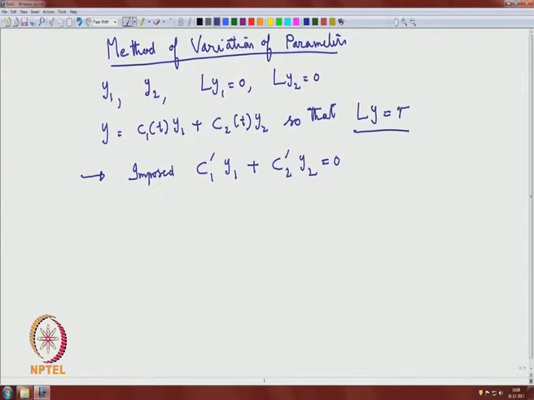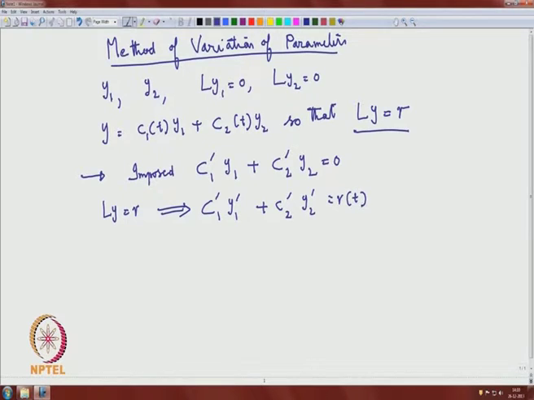Once you impose this condition, then L y equal to R reduces to the condition C 1 prime y 1 prime plus C 2 prime y 2 prime equal to R t.